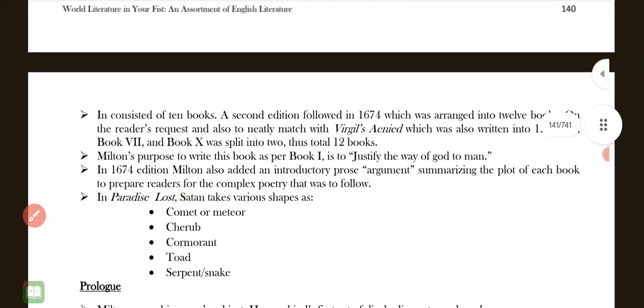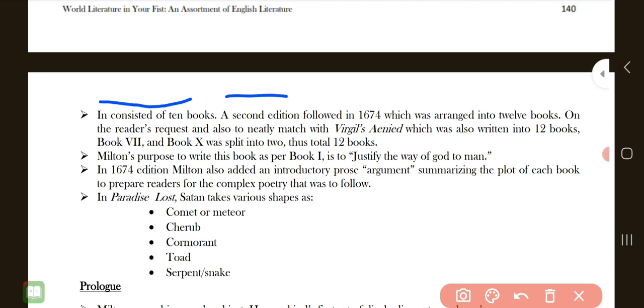It consists of 10 books. Here he said that it consists of 10 books. A second edition followed in 1674, which was arranged into 12 books.